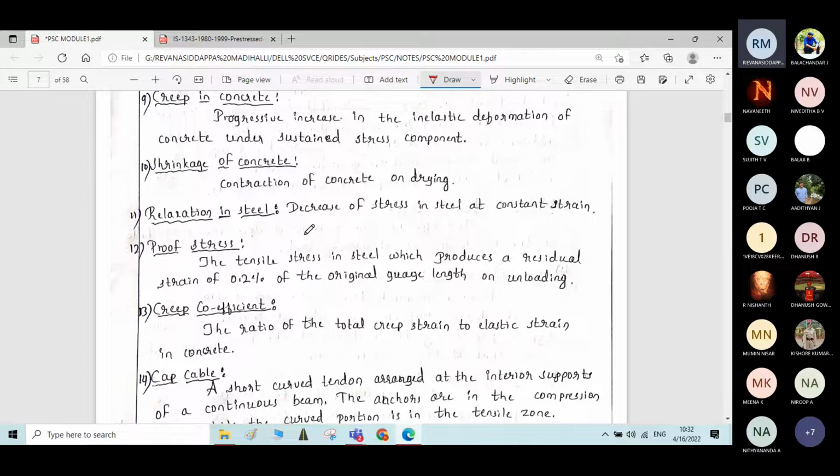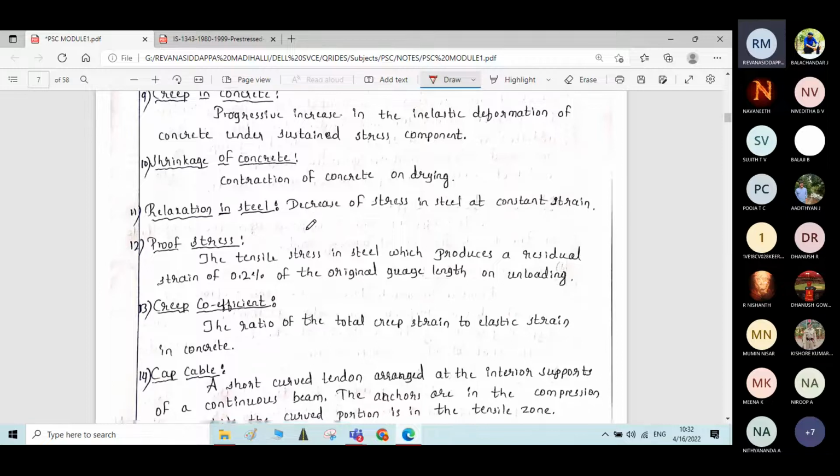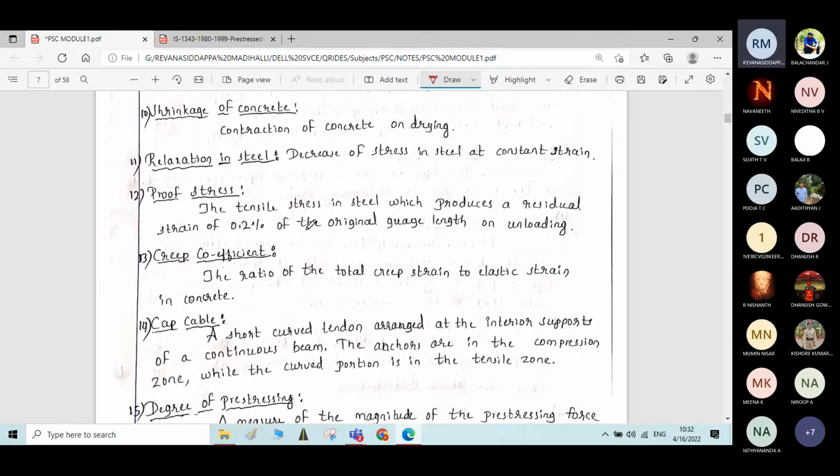Similarly, here there will be decrease in stress with constant strain. That is called relaxation in steel. So the load taking capacity of the member goes on decreasing, while there is constant elongation of the bar.